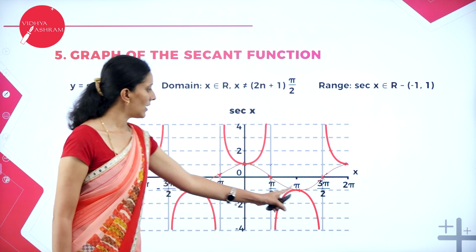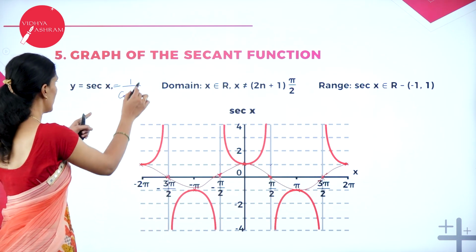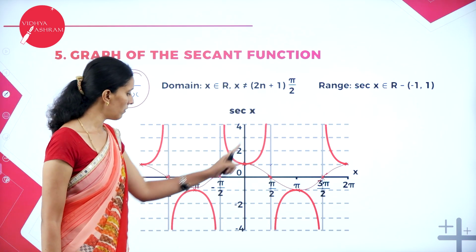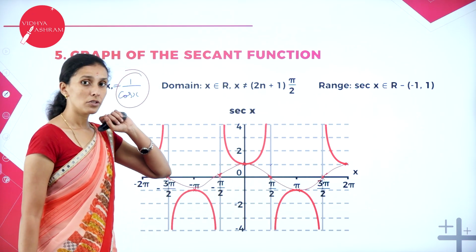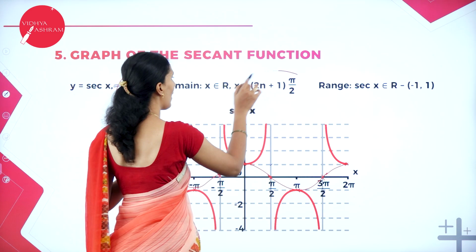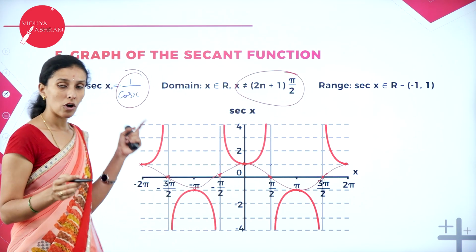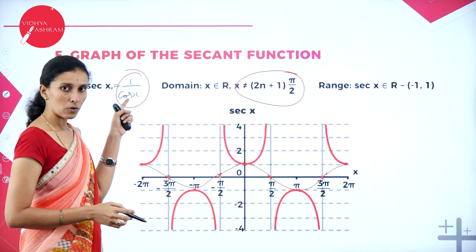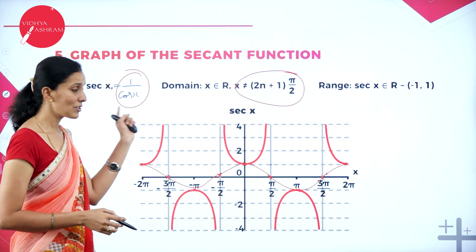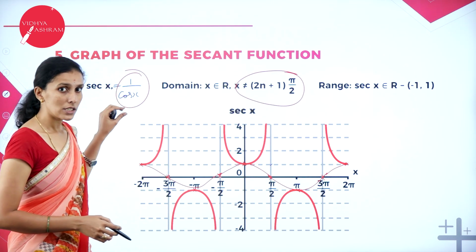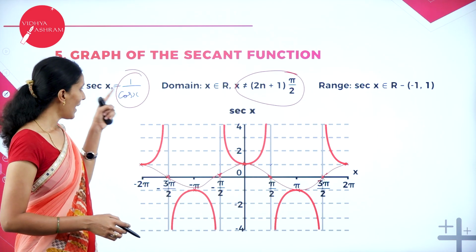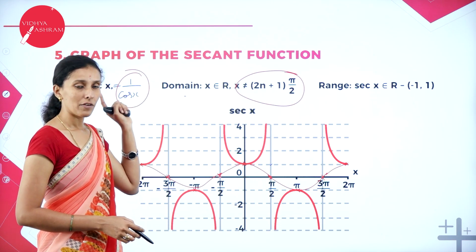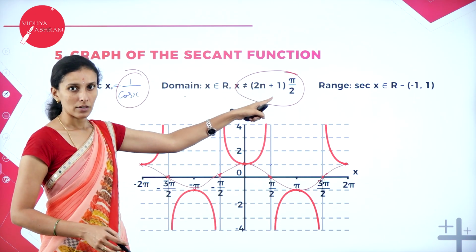Since secant x is the reciprocal 1 by cos x, you can see the curve like this. Coming to the domain, it cannot take the values of (2n+1) pi by 2. We already defined the secant function. Since it is the reciprocal, cos x will become 0 for these values, but cos x is in the denominator, so x cannot take these values. Therefore, the domain of the secant function is R except these.